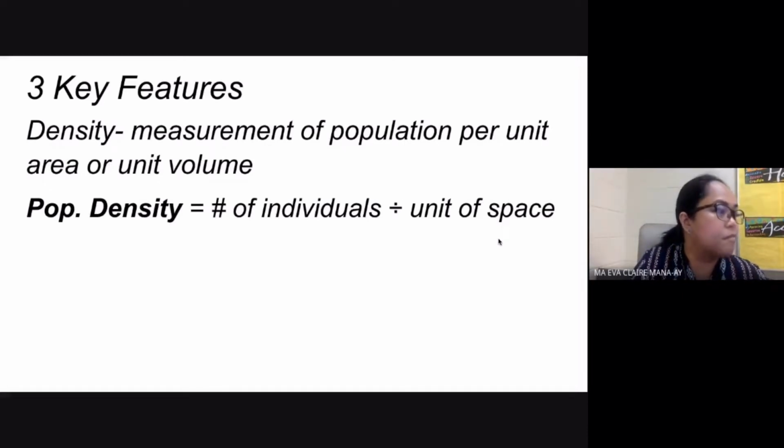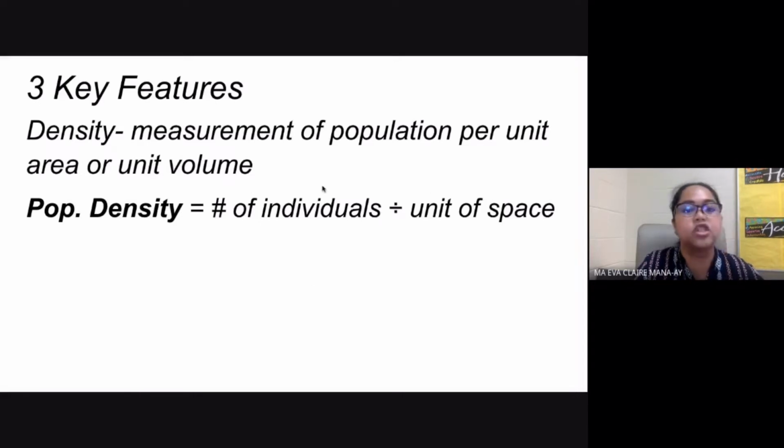Say the area of your classroom is 25 square meters, just the length and the width. If I have 25 people inside my classroom, then you simply divide the number of people by the area. That means it's going to be 1 person per square meter.